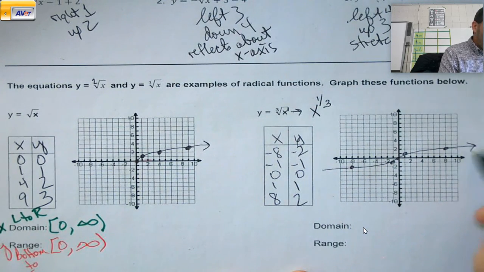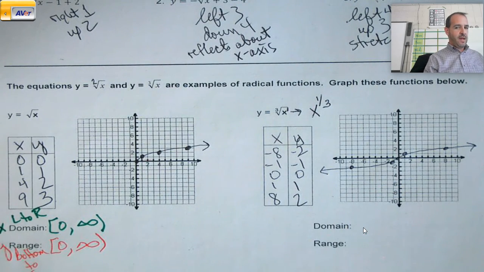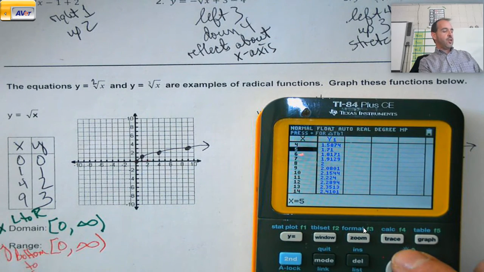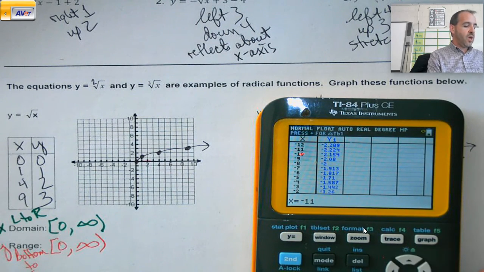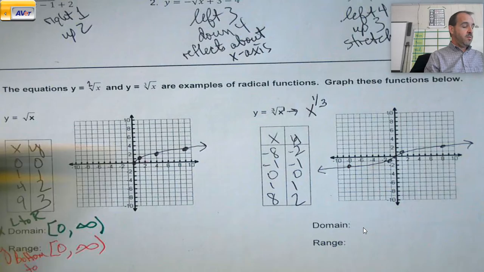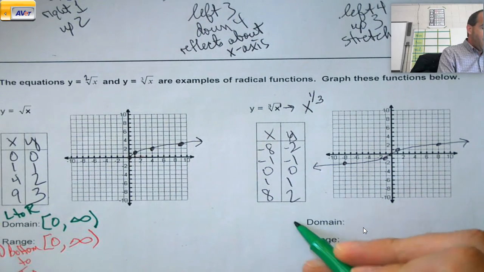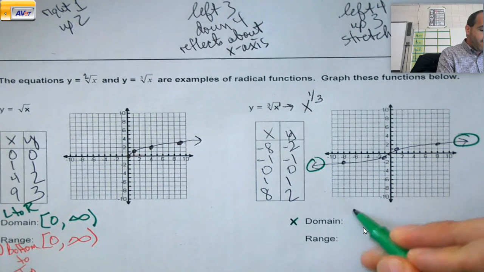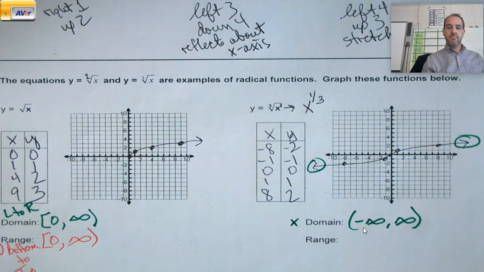But with cubes, they keep going forever in both directions. How do I know that? Well, if I keep scrolling in either direction, notice I don't see error messages when I'm dealing with a cubed root. They just keep going. So they never stop, which gives me a big clue on the last part of this too, my domain and range. If things never stop going left or right, they are infinite.